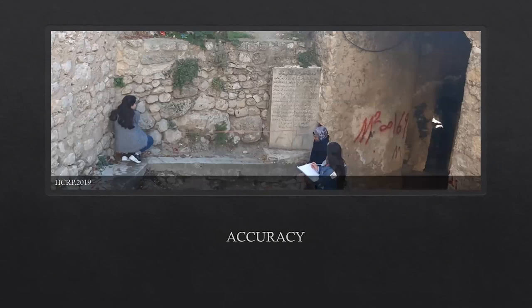Another very important issue is the accuracy of this type of measurement. This picture, we took it for our students when they were doing a day sketch in Ahmadiyya. We took them there and we asked them to do a design for this area.